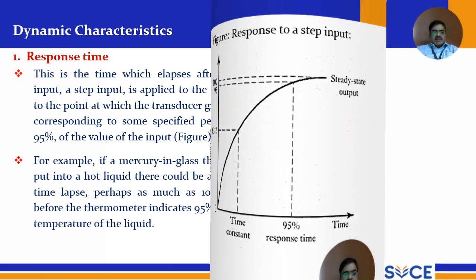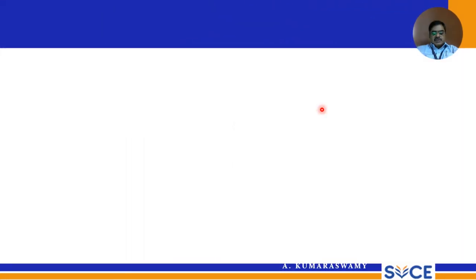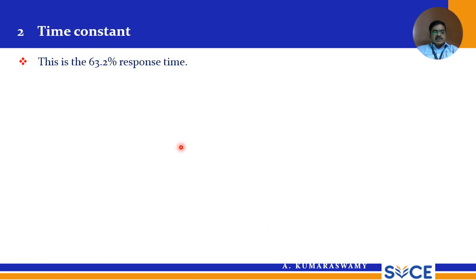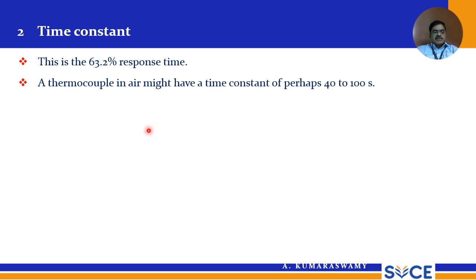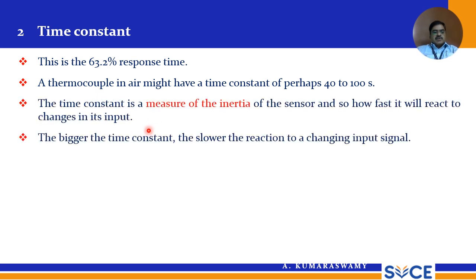Next, in the same graph you can see here, the time constant is 63.2 percent of response time from the same graph. And this time constant is like a measure of inertia of the sensor, and so how fast it will react to the changes in its input.